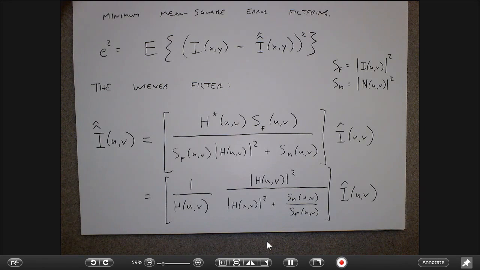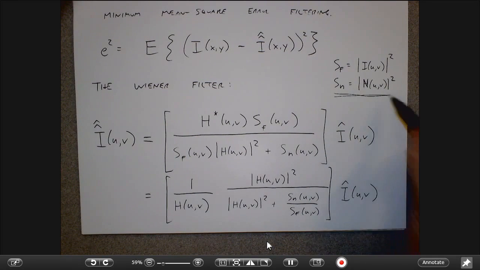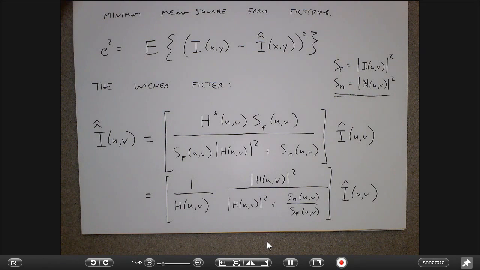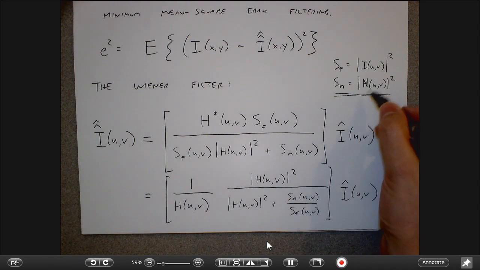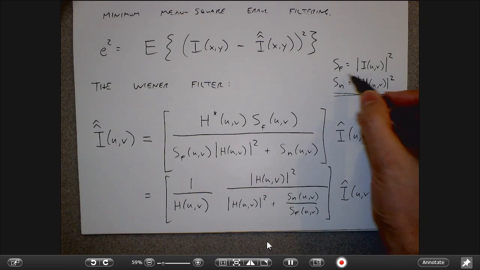So the problem is that there are some things for the Wiener filter that I have to know that I may not actually have access to, right? Again, the power spectrum of the noise, in theory, I could take my flat region of the image, estimate the noise, get the noise PDF, and then estimate that. Or I could just assume this is basically constant. That would be the equivalent of saying I have white noise.